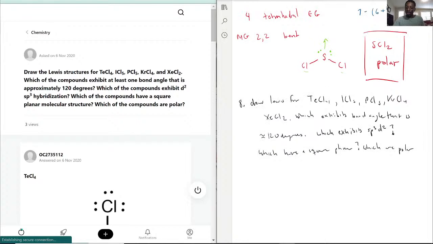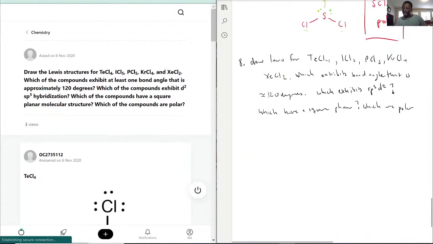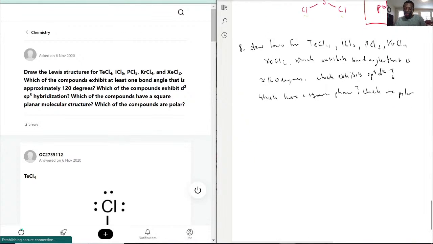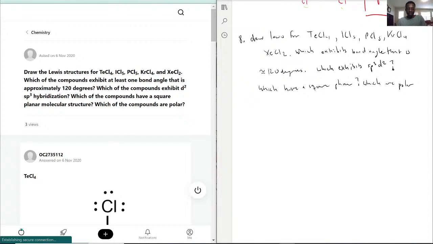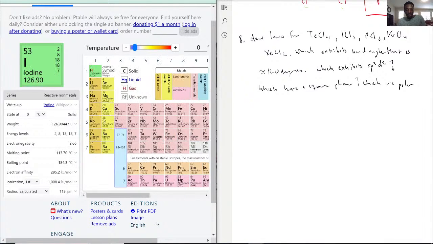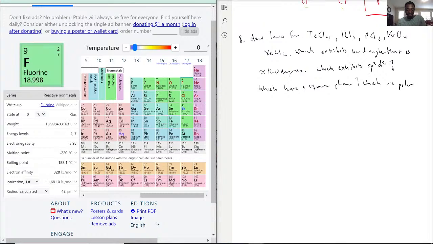Okay, so we're gonna start off with TeCl4. Te is tellurium, which is all the way down here, and we have chlorine. We're still gonna go over things like electron configuration, in regards to how many electrons they contribute.